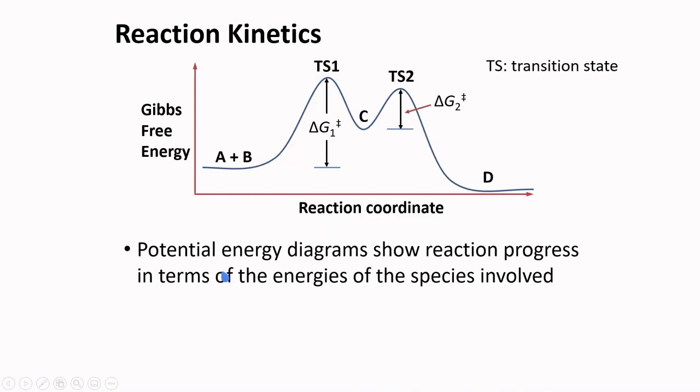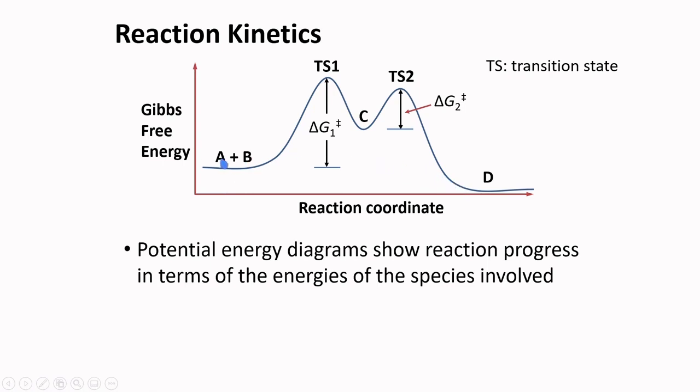We can often depict the thermodynamics and the kinetics of a reaction in a potential energy diagram, such as this one. Potential energy diagrams show reaction progress in terms of energies of the species involved. We can compare the energies of the reactant and the product.